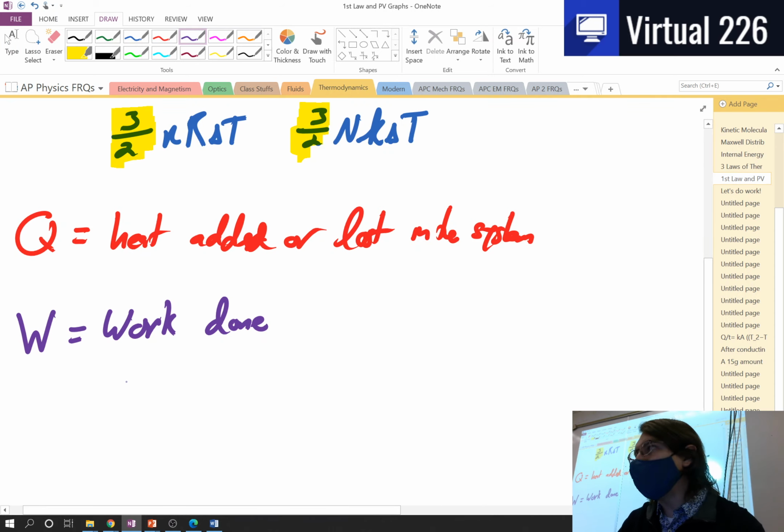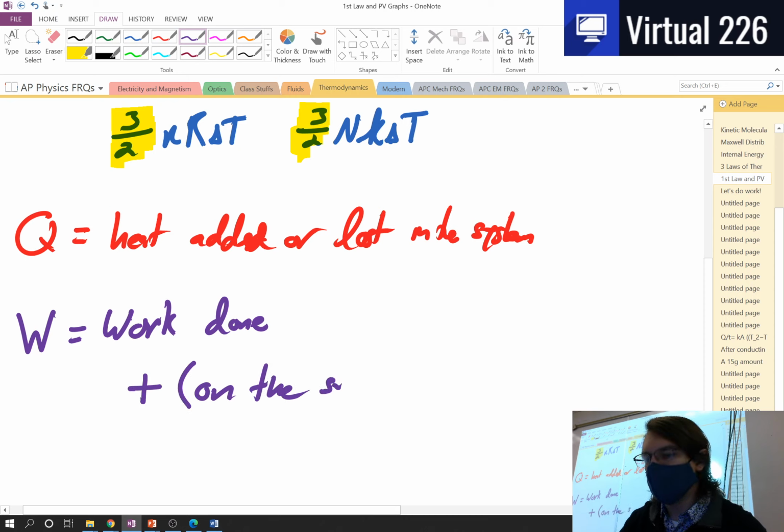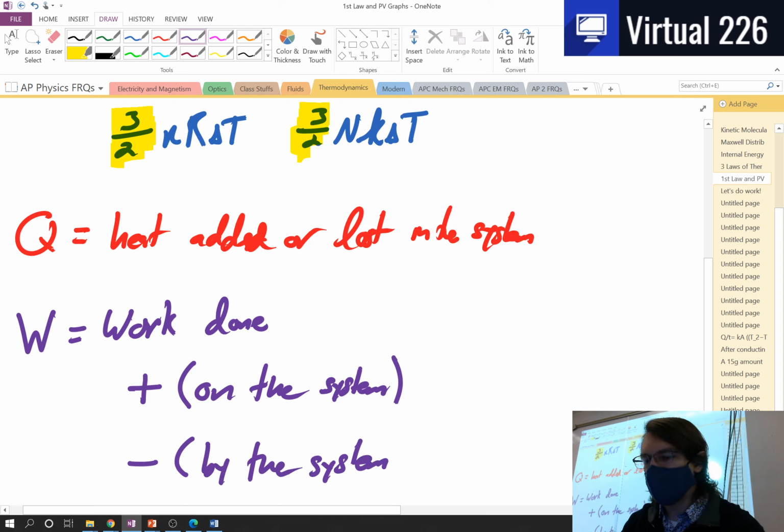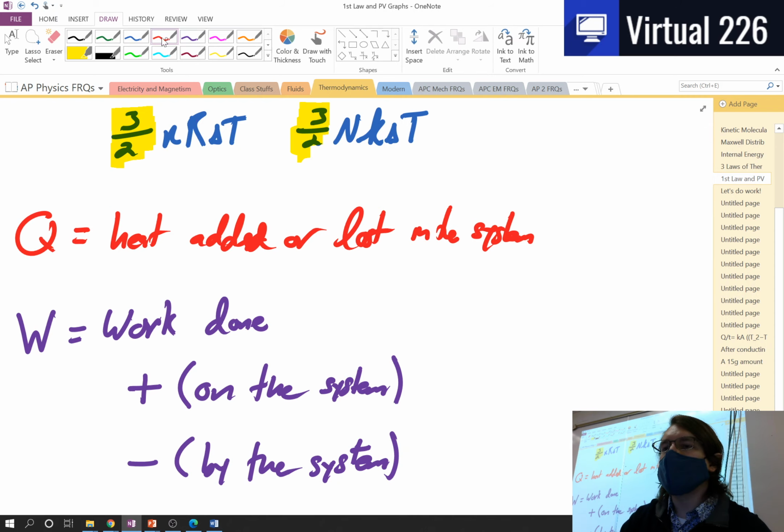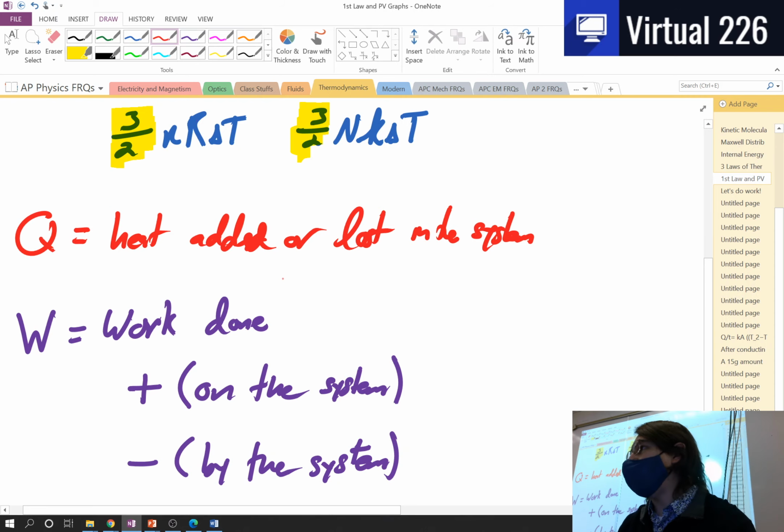Work done on the system, we're going to say is positive. Work done by the system, we're going to say is negative. In a similar light, heat added to the system is positive.